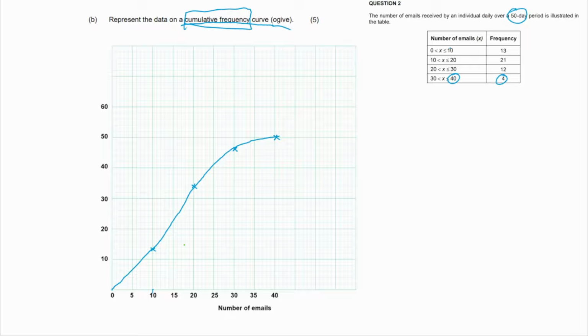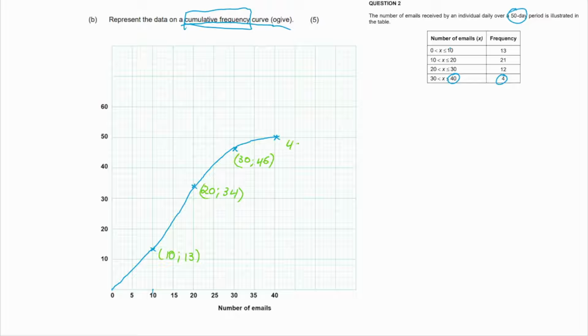So let's just have a look here. Cumulative frequency, coordinate endpoint. So you have to label these points. This would be 10 and 13. This would be 20 and 34. This is 30 and 46.